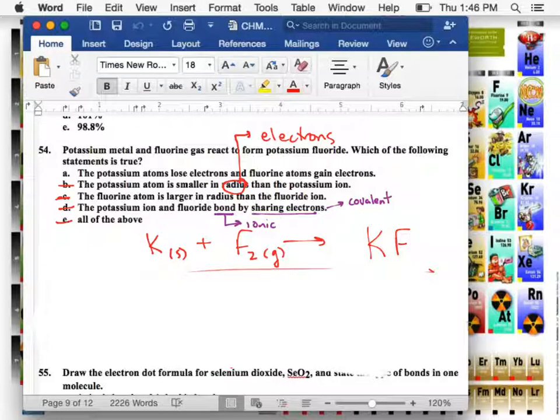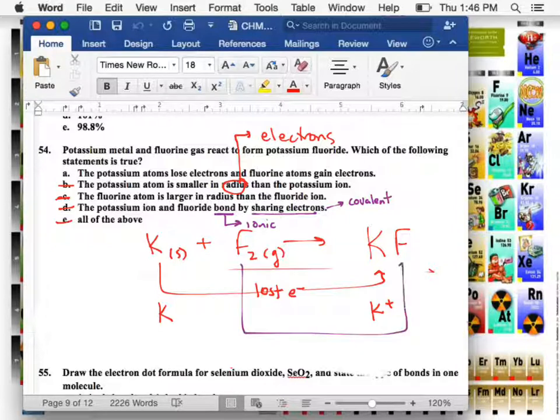If I take a look at my potassium, the potassium became potassium ion. Well, that's really K going to K plus. What happened? It lost electrons. What happened to the fluorine?